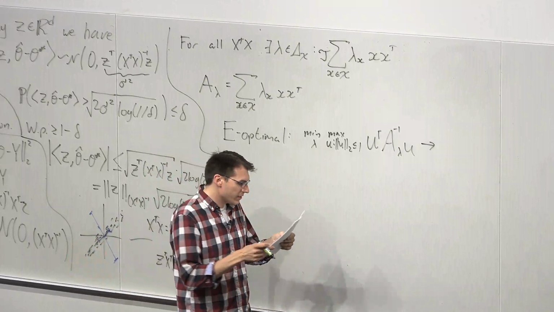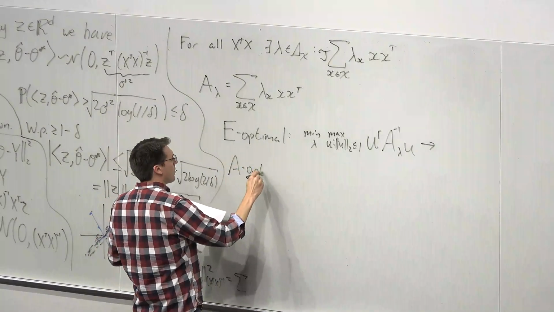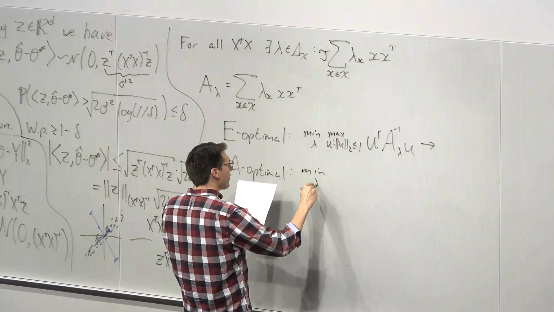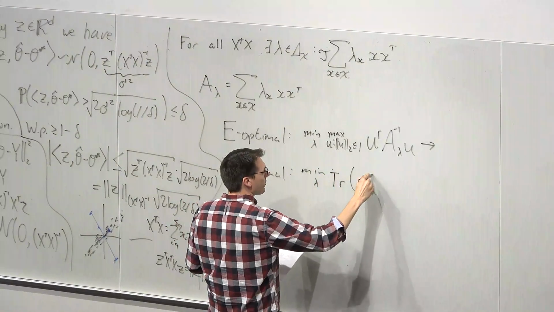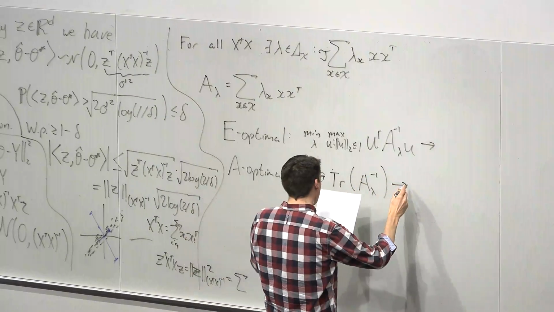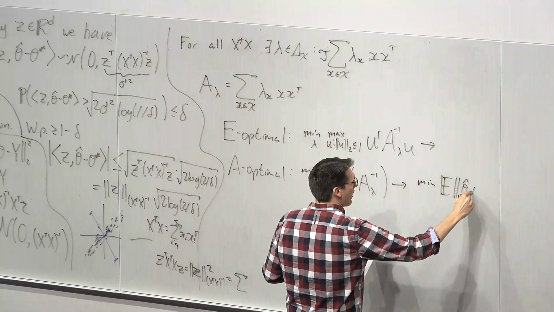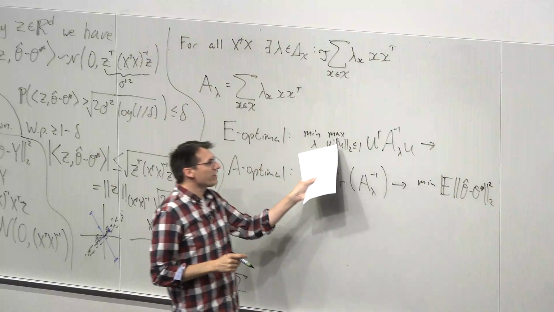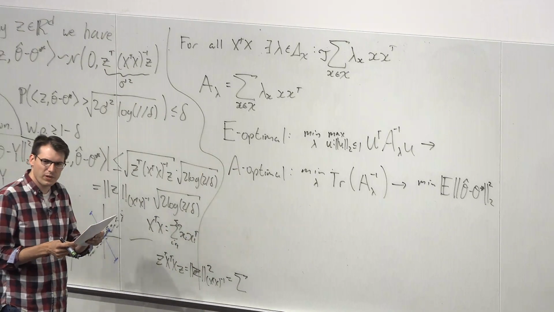That's very nice: E optimal. I'm just listing these off real quick because they're interesting. If you minimize over lambda the trace of A lambda inverse, this actually minimizes the expected value of the squared norm of theta hat minus theta star, which is slightly different from the previous quantity because it's the trace, the sum of the eigenvalues, versus the worst-case eigenvalue, which came up briefly last time.